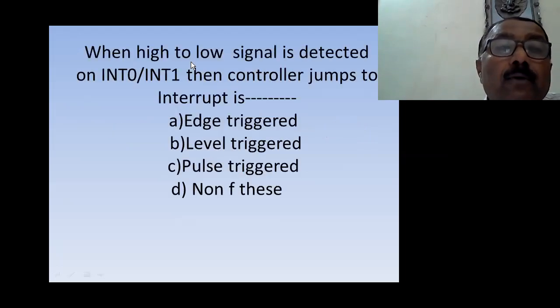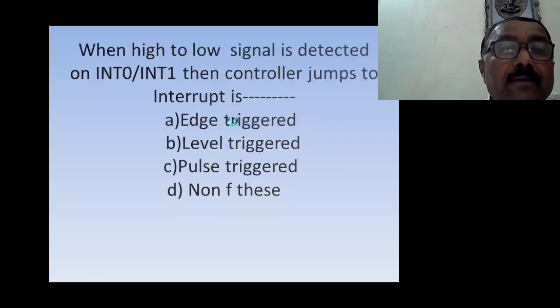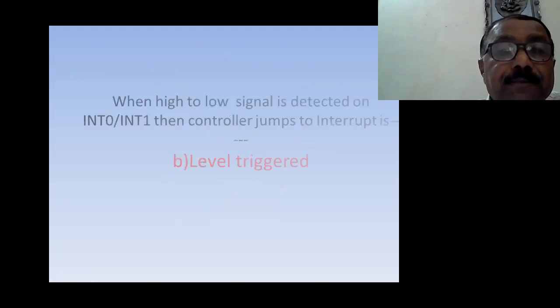When a high to low signal is detected on INT0 or INT1, then the controller jumps to dash dash interrupts: edge triggered interrupt, level triggered interrupt, pulse triggered interrupt, or none of these. So when a high to low signal, that is edge triggered, no, negative edge triggered interrupts. It is negative edge triggered interrupts.